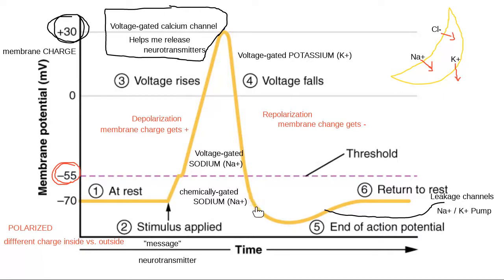Now I actually have a word that applies to this little part of my graph. This part of my graph, we are too negative, or extra negative. Does anyone happen to know what we call it when we're extra negative? What happened to this cell down here?